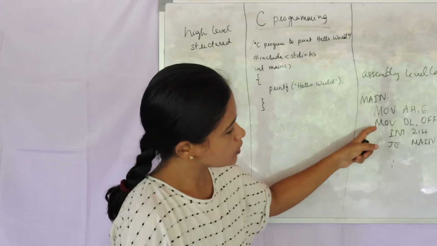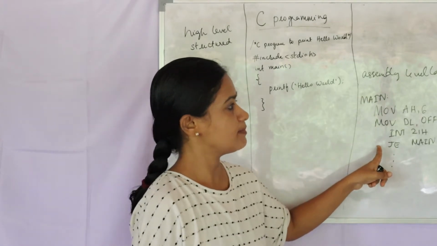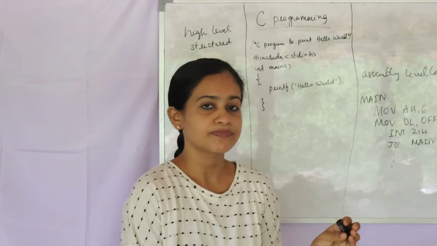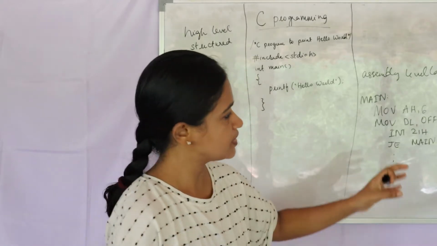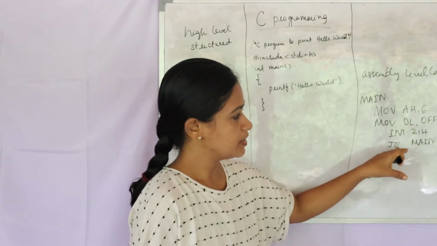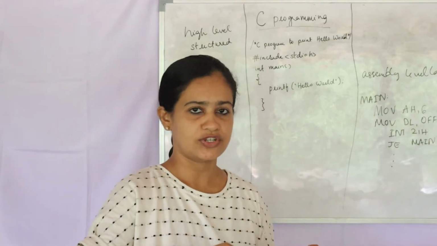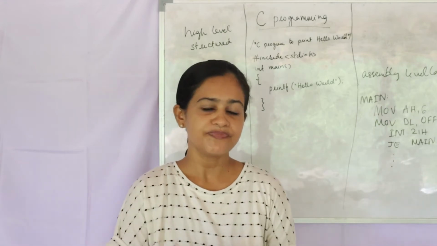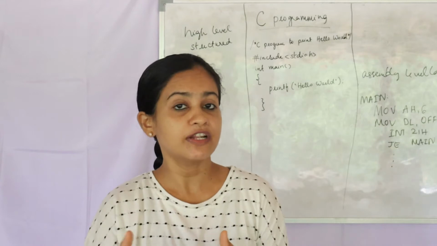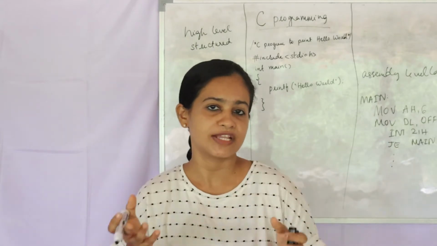Here I have a small piece of code which is an assembly level code. This is how an assembly level code looks like. This is not in zeros and ones. Here we see some instructions, like move and int and JE main. It is human readable and a programmer can write an assembly level code starting from scratch.